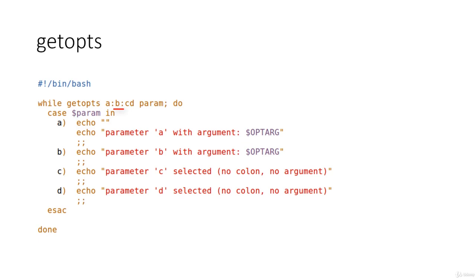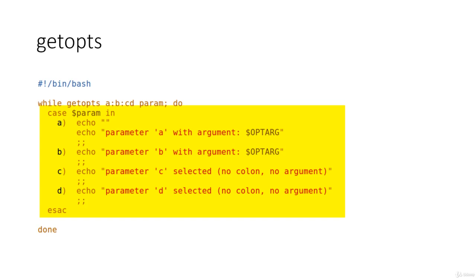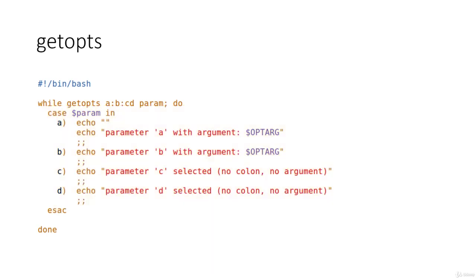Getopts returns true if some parameter is found. It returns false if there is no parameter to process. This is the reason why we are using Getopts in a while loop, because if there is a parameter to process, the body of the while loop will be processed. If there is no parameter to process, the body of the while loop won't be processed.